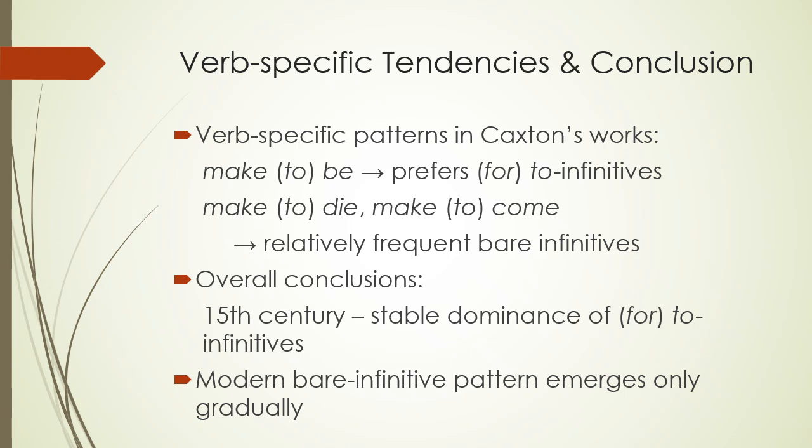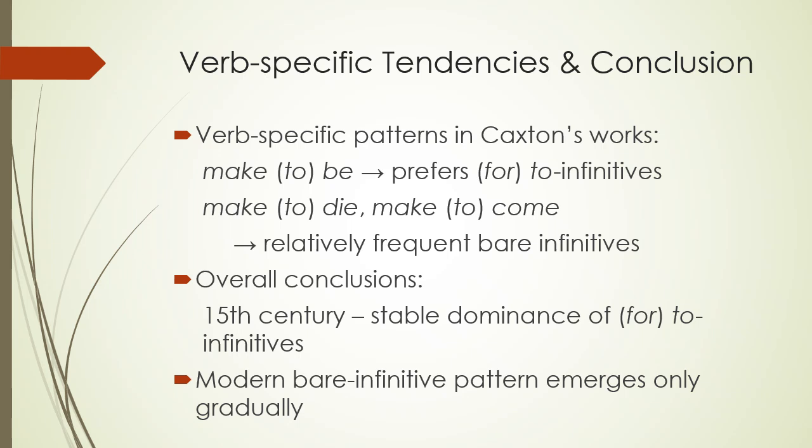Finally, I briefly focus on the verbs in the complement. In Caxton's works, three verbs are particularly frequent: be, die, and come. The verb be very strongly favors to infinitives, especially in passive expressions such as to be dressed.